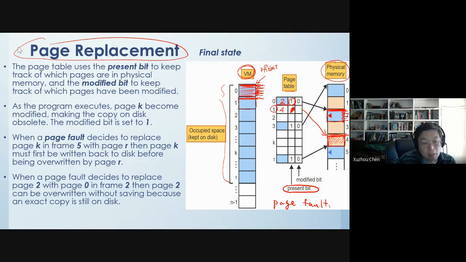Sometimes that particular page happens to store data, right? Temporary values, anything like this. If the value has been changed, then before we remove it from frame number 11, we have to make sure that page 100 is copied back to the virtual memory.